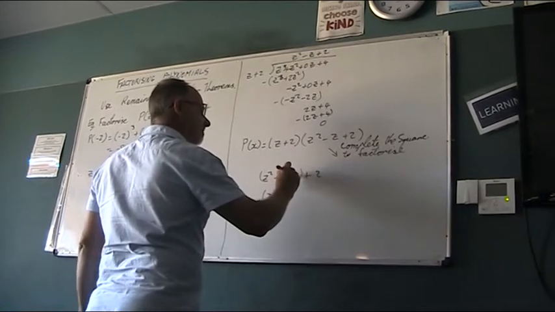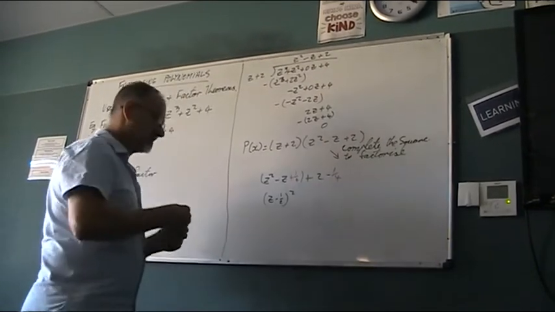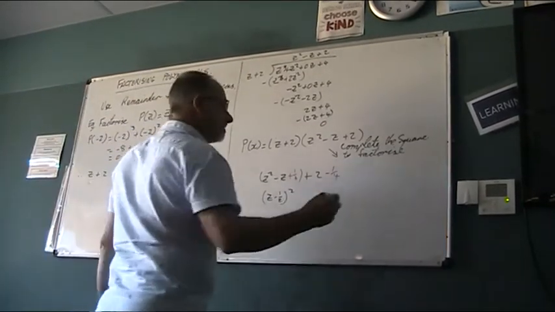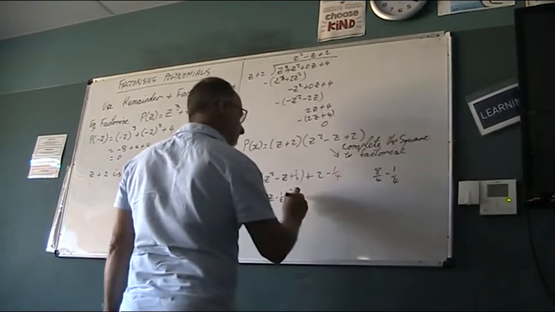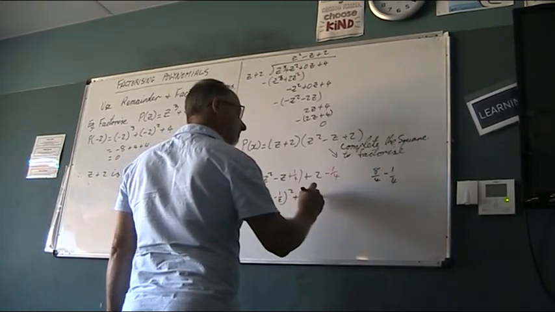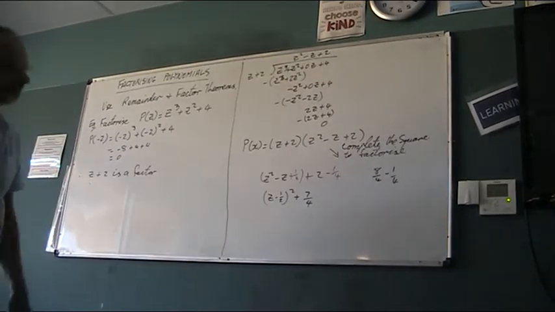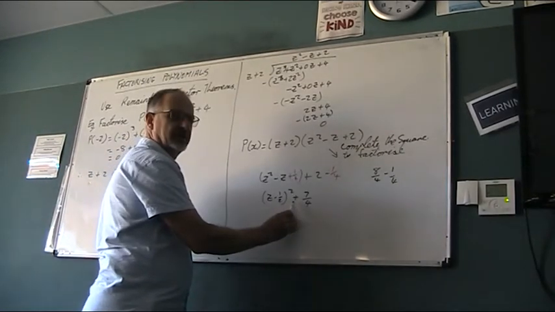Then we expanded plus a quarter up here, so we're going to take a quarter there. And we take a quarter from 2, so that's 8 quarters minus 1 quarter, so 7 quarters.